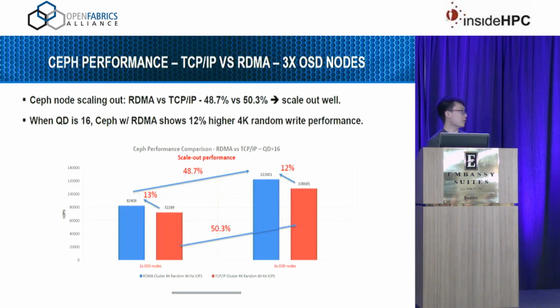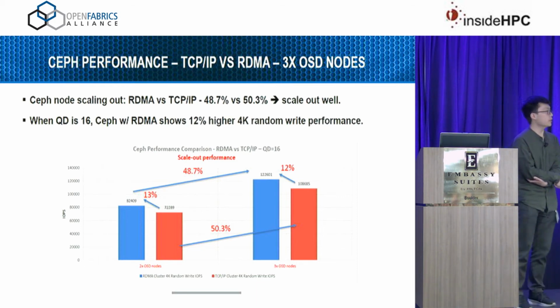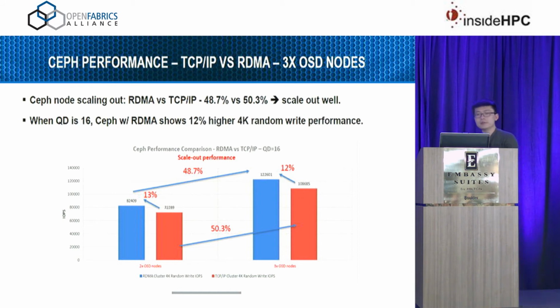So both Ceph with RDMA and Ceph with TCP scale well in this test. And for 4K random-write performance, Ceph with RDMA performs better than Ceph with TCP/IP. When the queue depth is 16, Ceph with RDMA shows 12% higher 4K random-write performance than with TCP/IP.